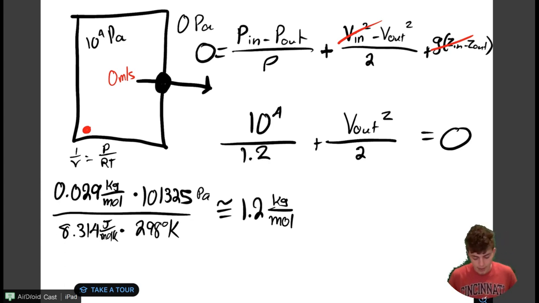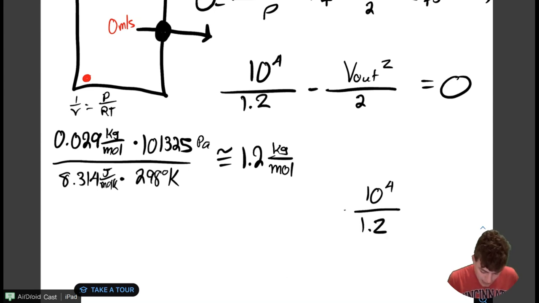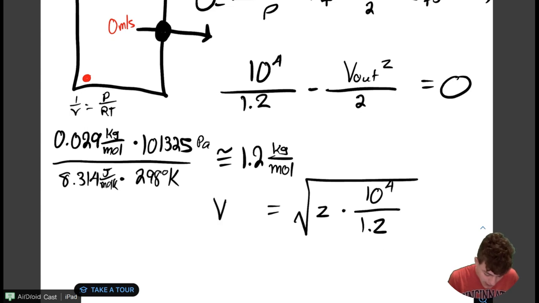Now, let's go ahead and solve for the velocity. So, solving for velocity, technically this should be a negative sign, I believe, so that we can have 10 to the 4th over 1.2 times 2 rooted will be our velocity out.